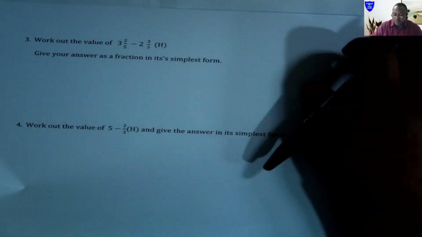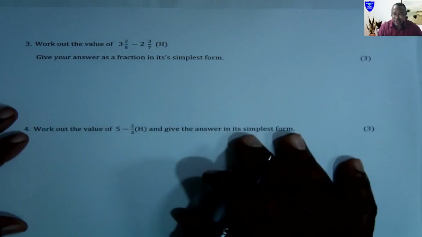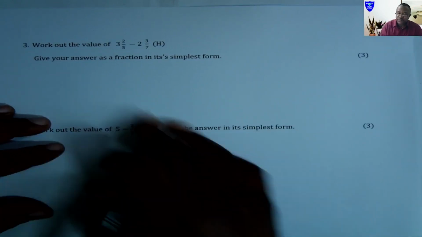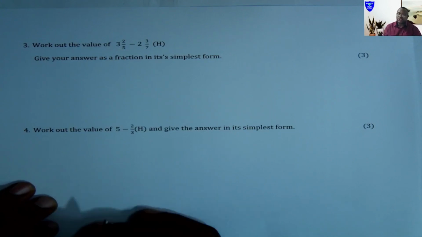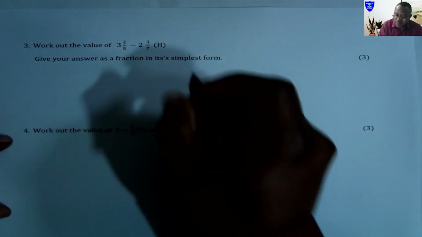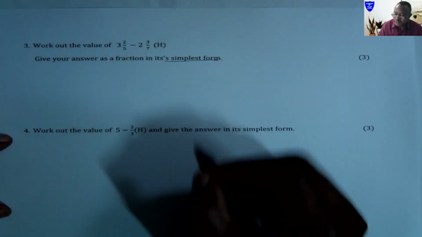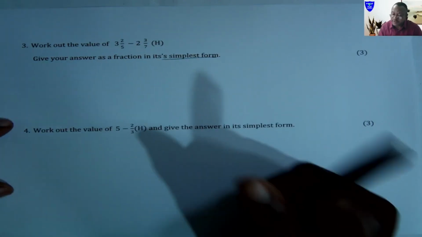Now, let's look at number 3. Work out the value of 3 2/5 minus 2 3/7. Give your answer again in the simplest form, which means you simplify the answer.